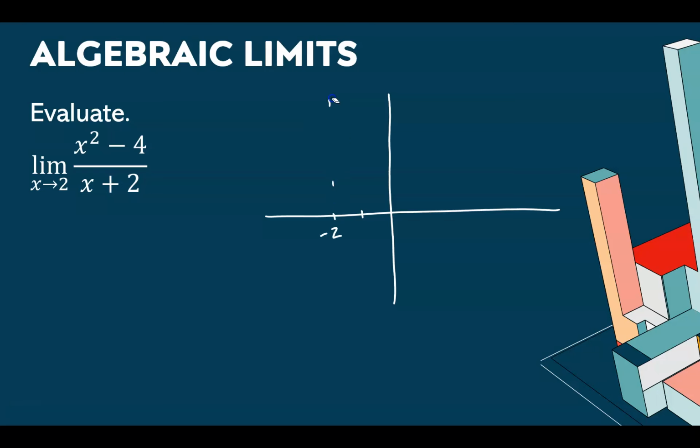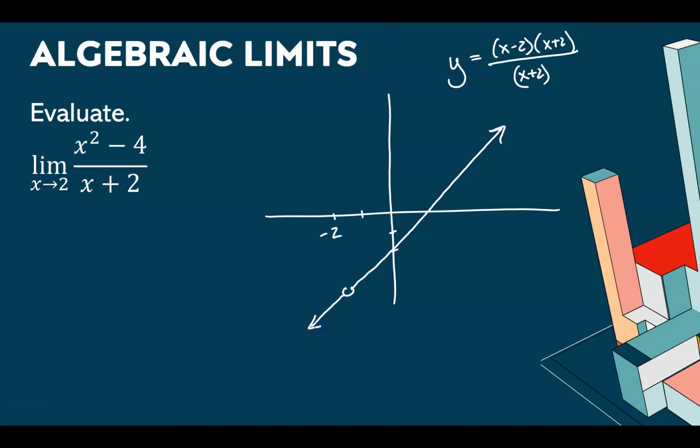We should factor harder. So let's rewrite that as x minus 2 times x plus 2 over x plus 2. So this is basically the graph of y equals x minus 2, except for it has a hole. It has a removable discontinuity at x equals -2.